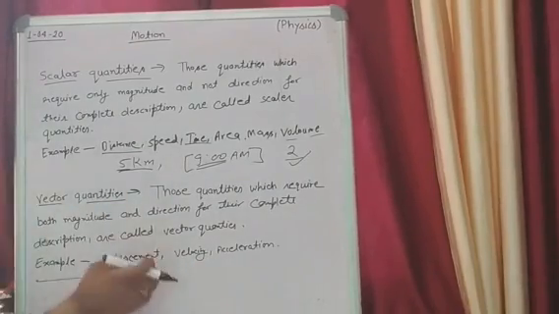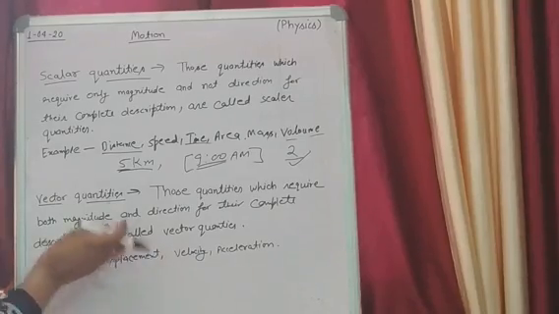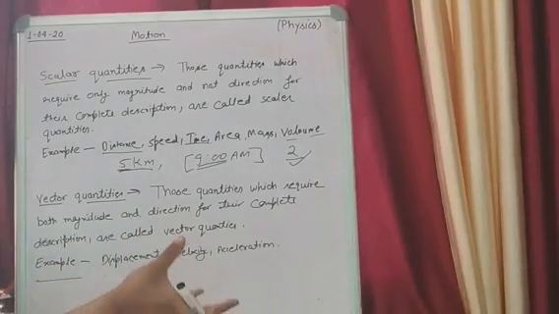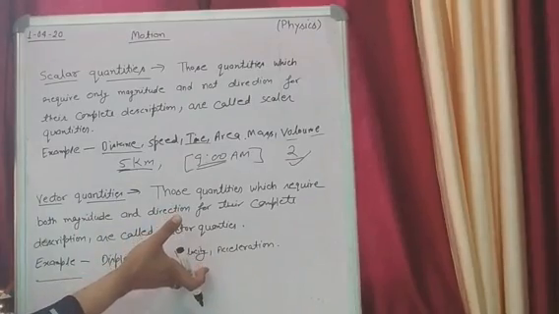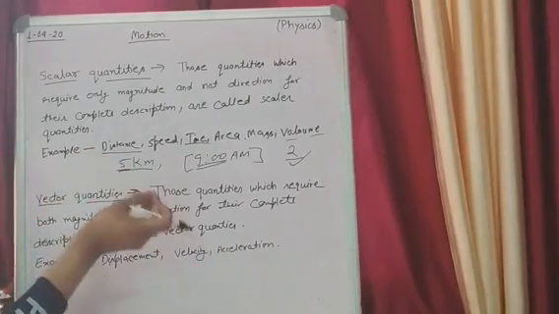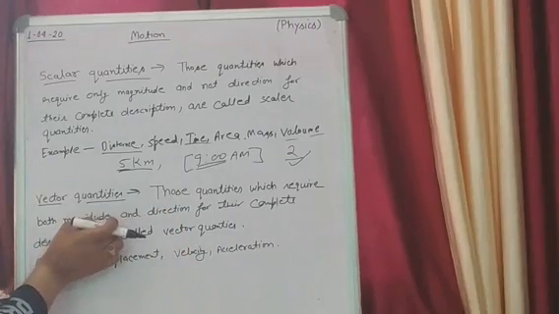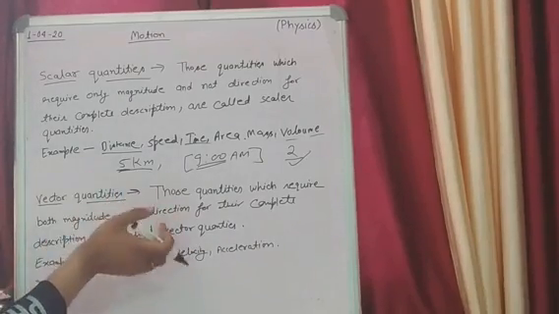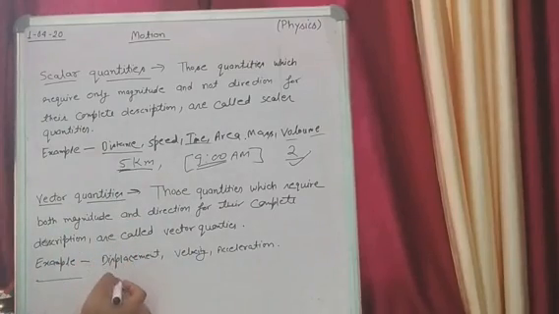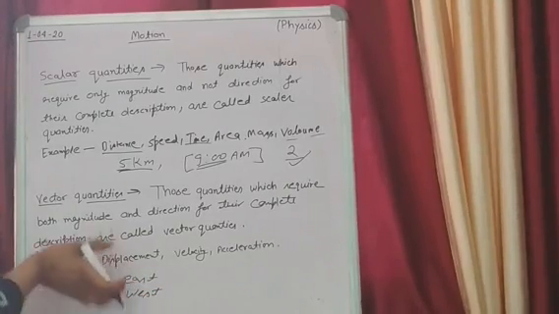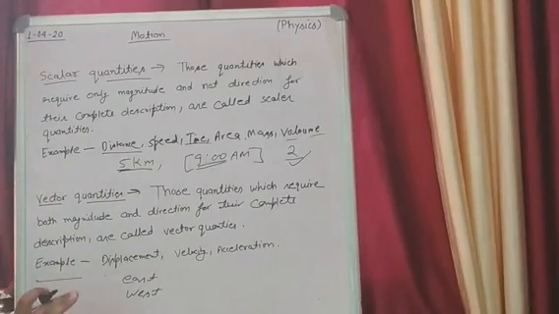These are vector quantities. When we talk about displacement or velocity, at that moment we need magnitude, number, as well as direction, like towards east, toward west. Such types of quantities are called vector quantities.